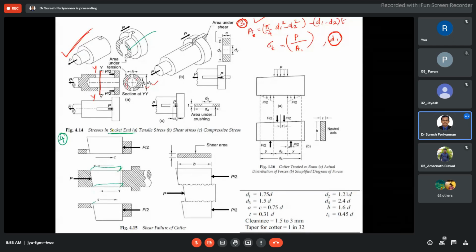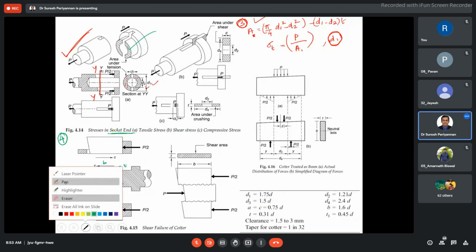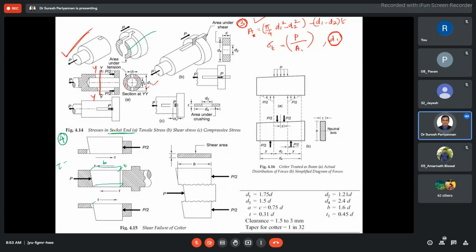Very simple: two shear areas. The width of the quarter is B and the thickness of the quarter is T. Shear stress tau is equal to, the load being the same, P by 2BT.